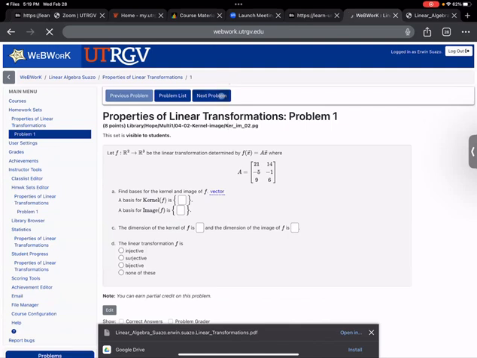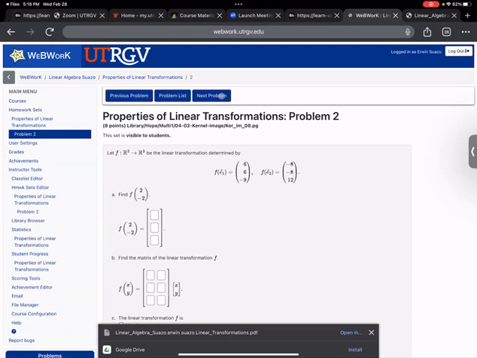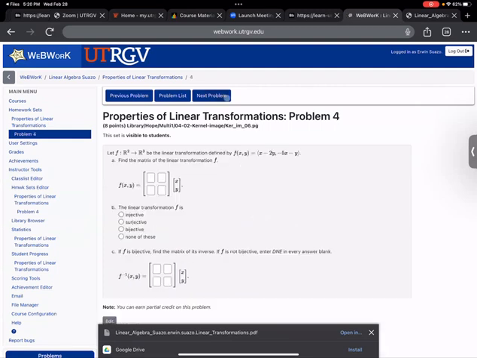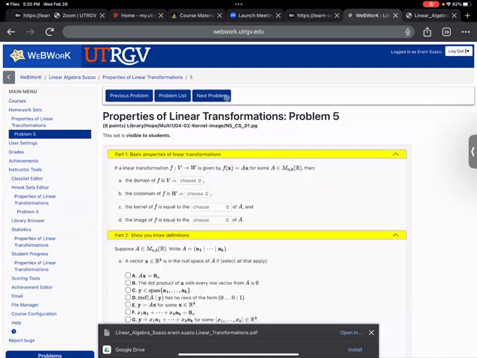This one is still not ready. You can try it, but probably you can wait a little bit. But this one, you still have time, okay? So I will try to solve some of these problems with you.